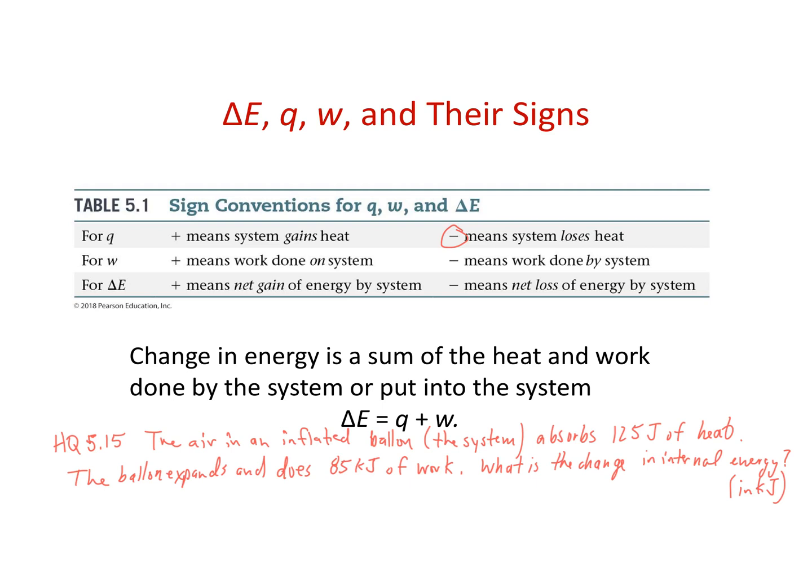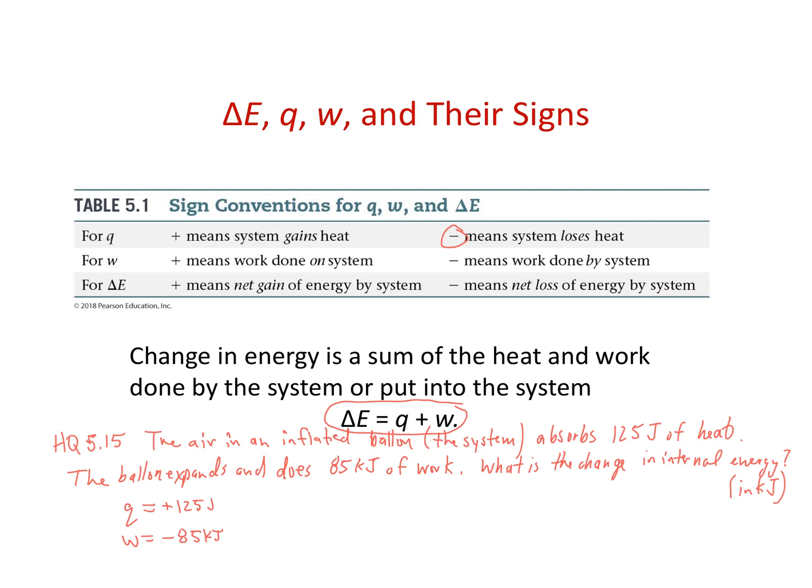What's the change in internal energy in kilojoules? So our Q, we absorb a positive 125 joules. Our work, we perform 85 kilojoules worth of work. We lose 85 kilojoules worth of work. And they want to know what's the total change in energy, where total change in energy equals Q plus W.